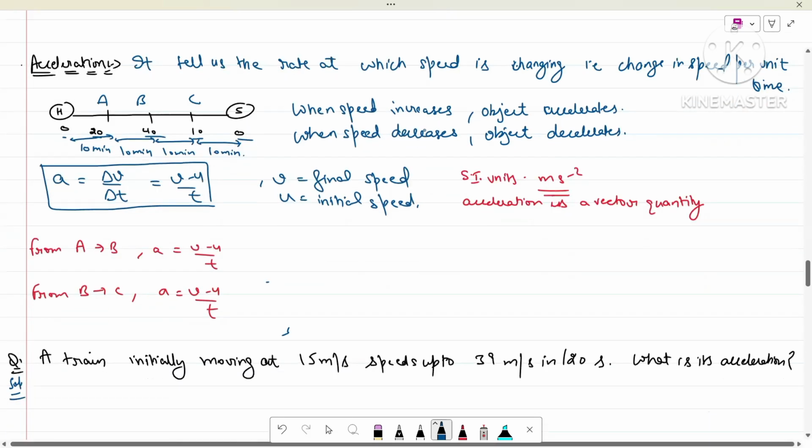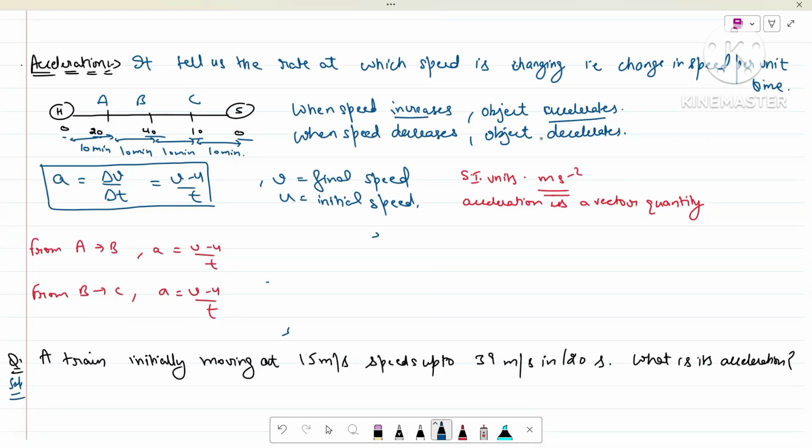Now, this change can be both positive and negative. When speed increases, we say the object accelerates, like from A to B. And when speed decreases, we say the object decelerates, as from B to C.